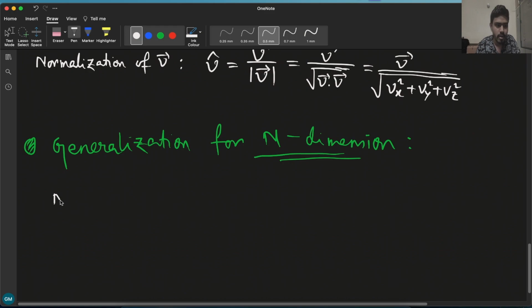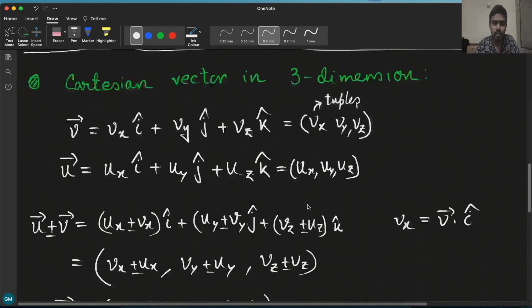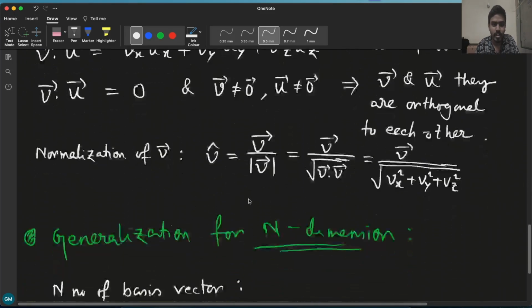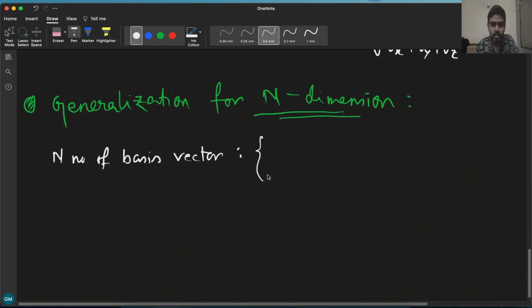So there will be n number of basis vectors. Instead of i, j, k, because then we will run out of alphabets, let me define them like this: these are the basis vector set. It is like e1, e2, e3, dot dot dot, en. This is a set of basis vectors, for example.